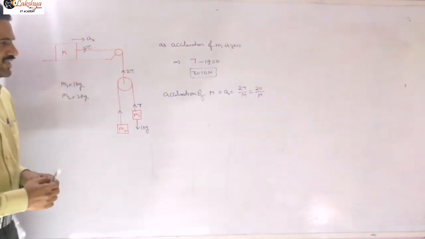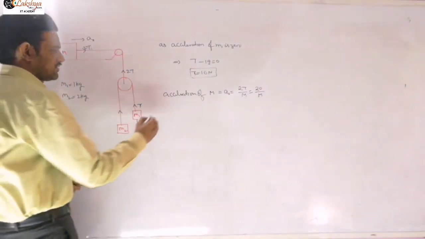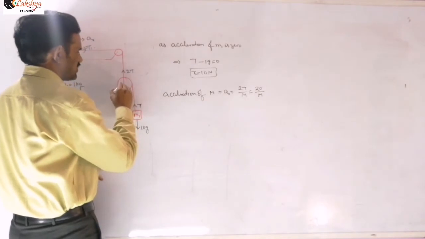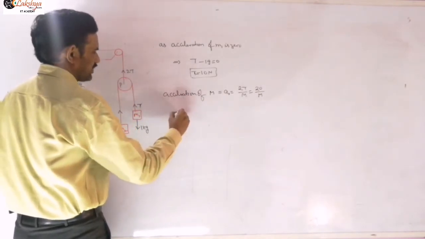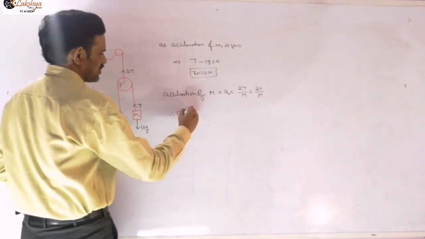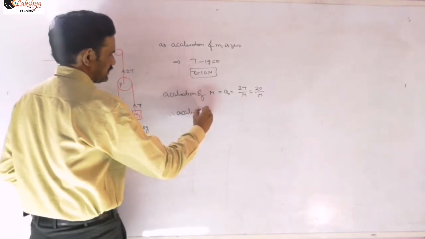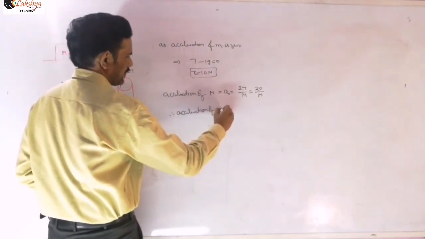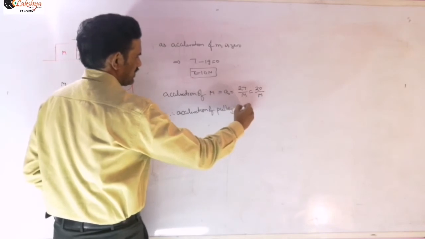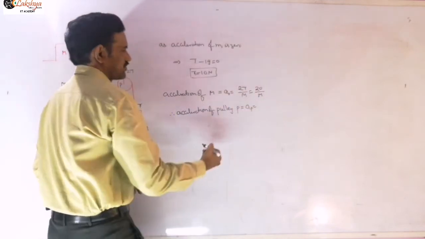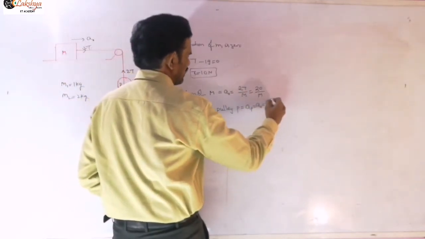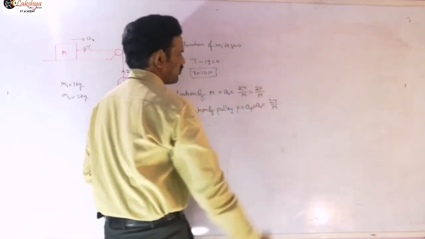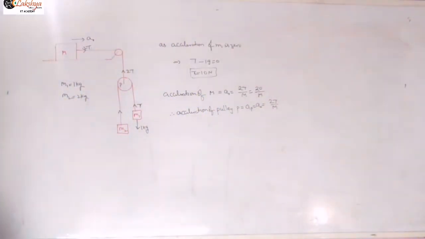Now the pulley's acceleration is also a naught. Suppose this is pulley P. Therefore the acceleration of pulley P is equal to a naught only, that means 2T by M only, right?